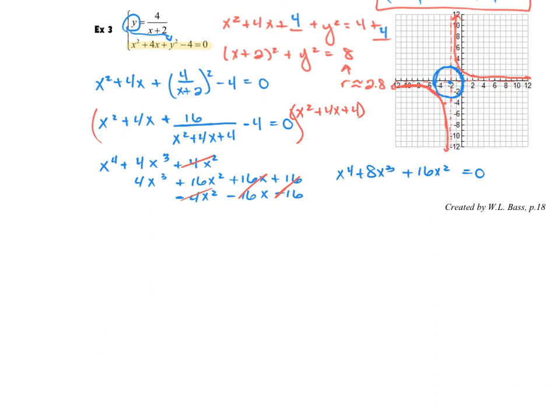Now, thinking back to chapter 4, I can factor out an x squared, and I get x squared times x squared plus 8x plus 16 equals 0. And I get x squared, and then x plus 4 and x plus 4 equals 0. Now, from there, I can set up my ordered pairs. I can see that 0 is one of my answers, and I can see that -4 is the other answer.